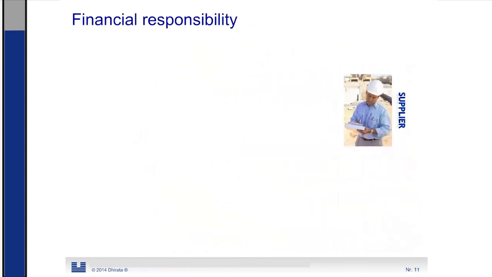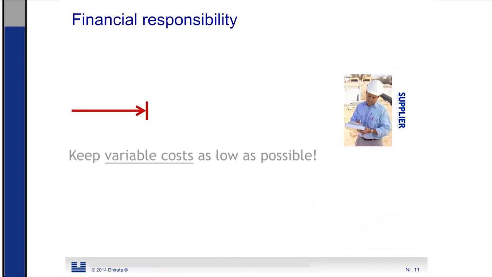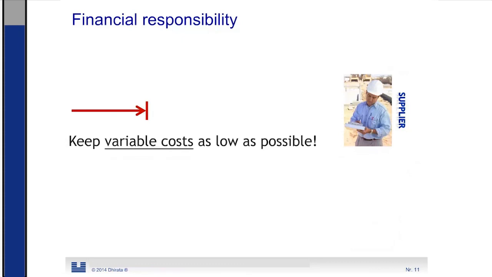In each case, one of the primary tasks of the project manager of the supplier is to keep the variable costs as low as possible, because that will contribute to the overall margin of the organization for which you are actually working as a project manager from a supplier.